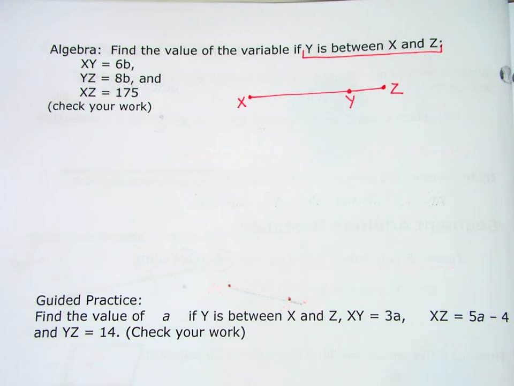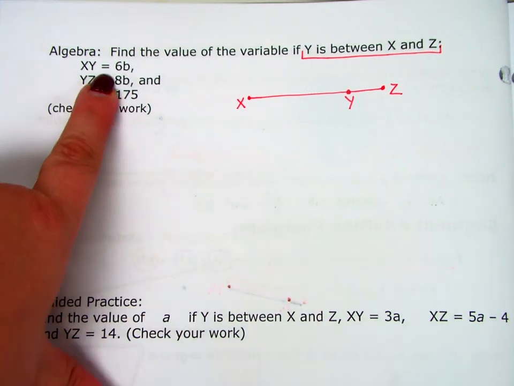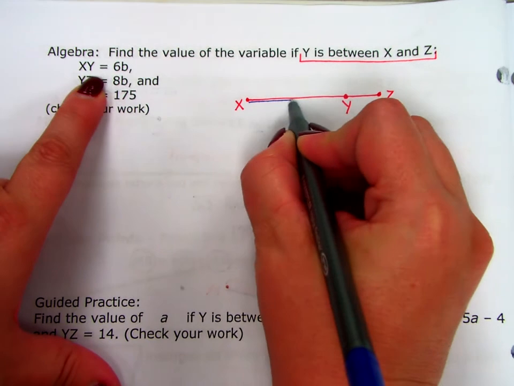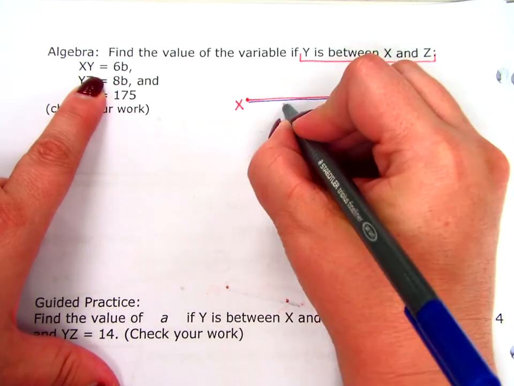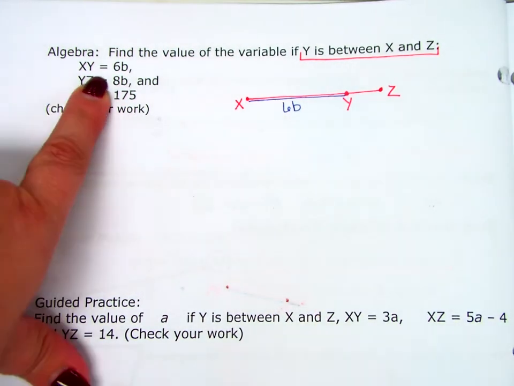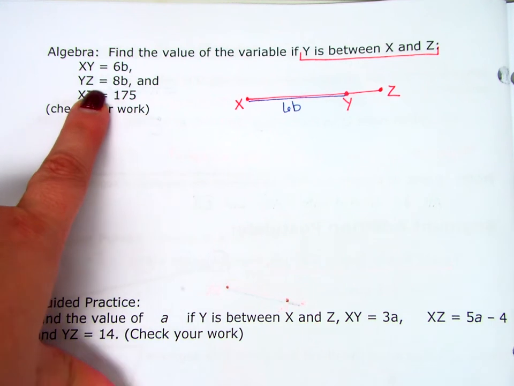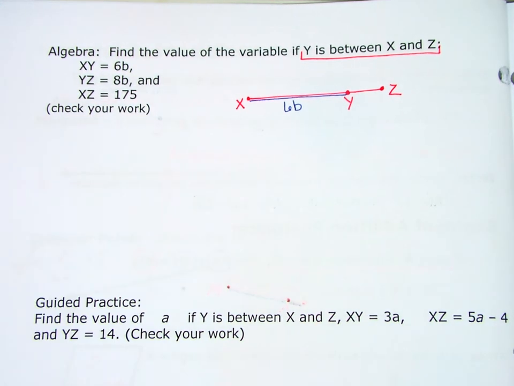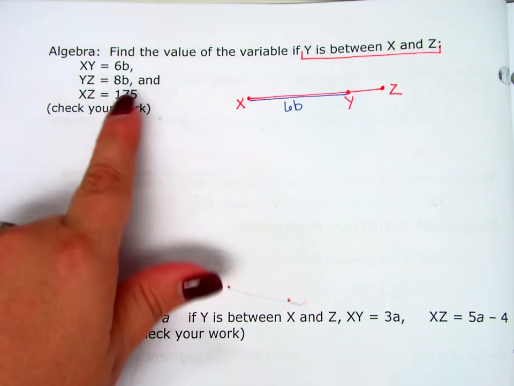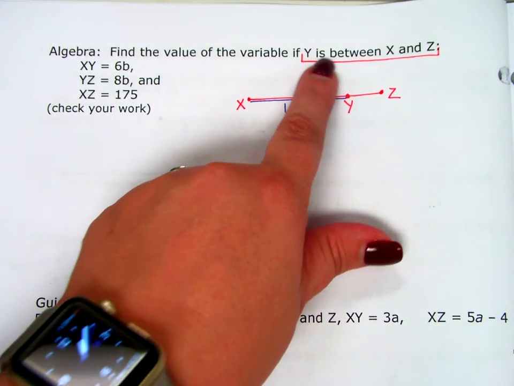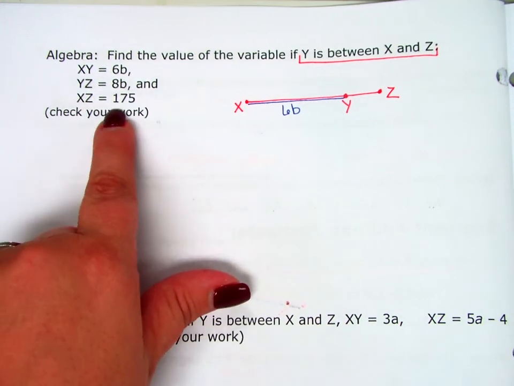Then the next part says xy is 6b. So from x to y, this right here is 6b. Okay? And then the next one says yz equals 8b, and every year I have at least one, sometimes 4 students that come up to me and go, I don't know what 8b and means. That's just English. When you're making a list, you say this, this, this, and this.